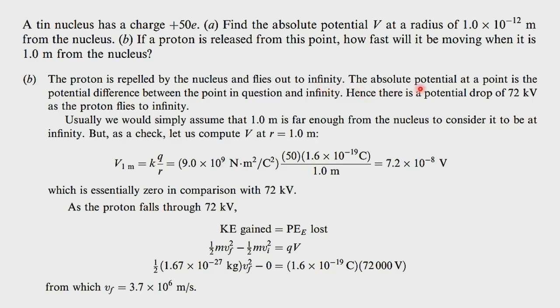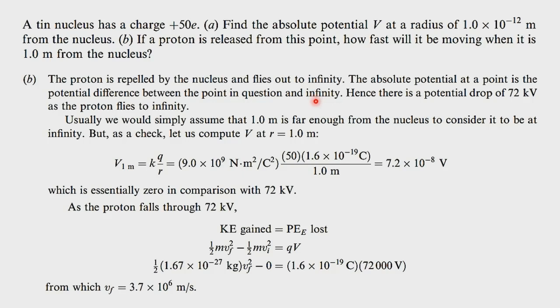The absolute potential at a point is the potential difference between the point in question and infinity. So this is what we are going to solve. What will be the absolute potential from that point to infinity?